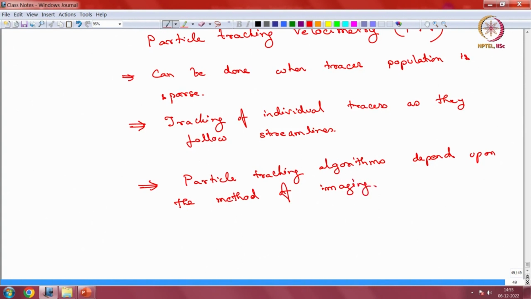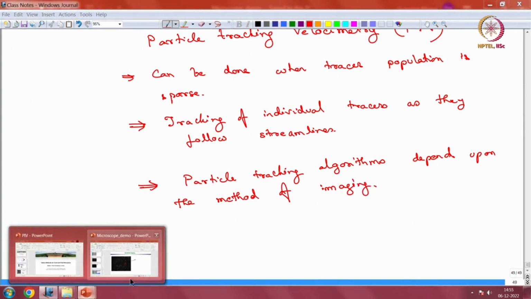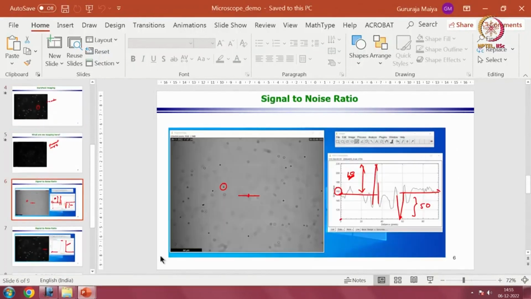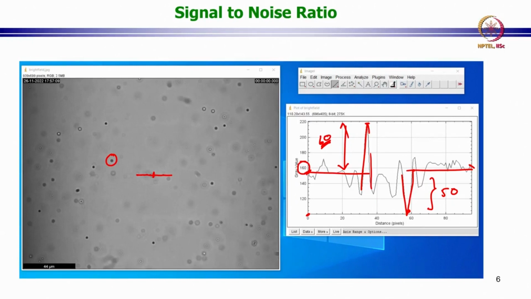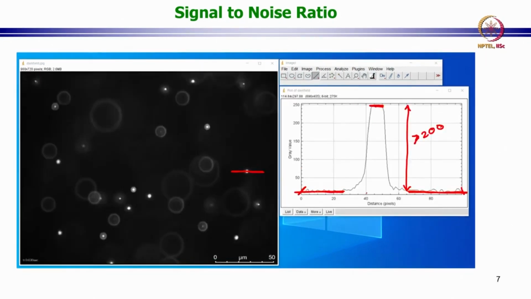What do I mean by that? Let's go back to these images here. If you recall, we had shown you this particular image, which was a bright field image, and we had seen that the particles here were exhibiting a hill or a valley in the intensity scale. The dark field image had a very different intensity profile.